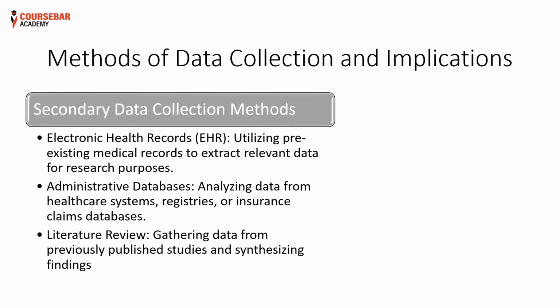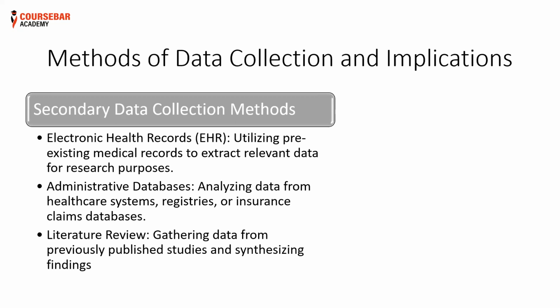Now, secondary data means data that has been recorded somewhere else, and you are looking at that data from that standpoint. For example, a patient came in and was recorded in their electronic medical record system.